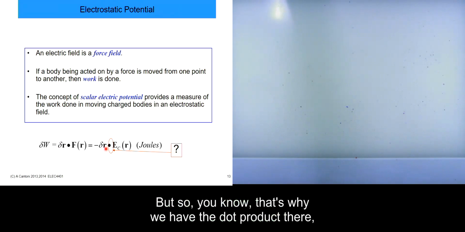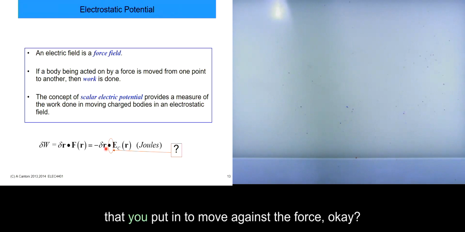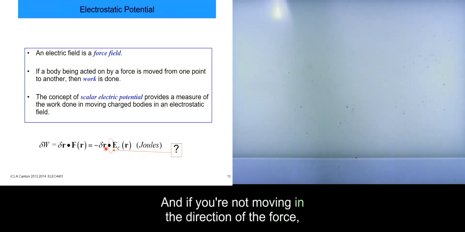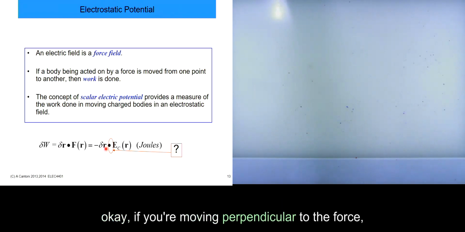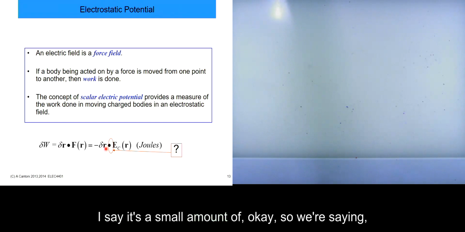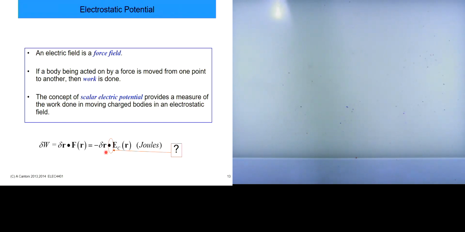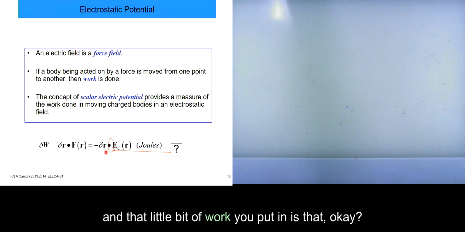That's why we have the dot product there, because the work done is the work that you put in to move against the force. If you're moving perpendicular to the force, then you're not putting in any work. So it's a small amount of work, because these things change with distance. If you just move a little bit of distance, the little bit of work you put in is that.